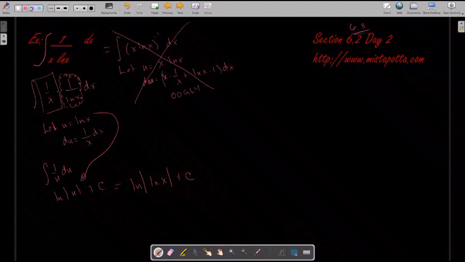And as I mentioned before, you can always check by taking the derivative of the function that we end up with.